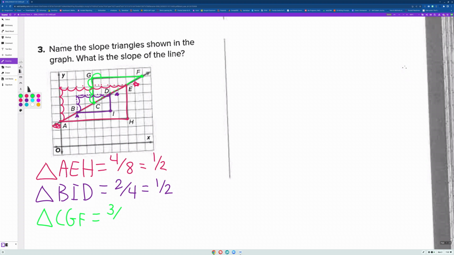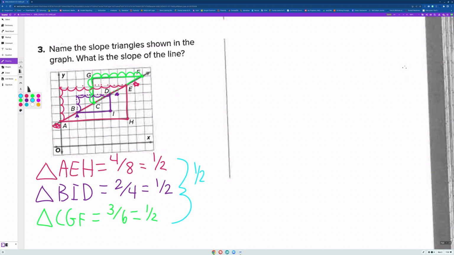So positive 1, positive 2, positive 3, positive 4, positive 5, and positive 6. 3 is half of 6, which means that this is going to reduce to 1/2. So because all 3 of these segments are the same, that means that the slope of my line is going to be 1/2.